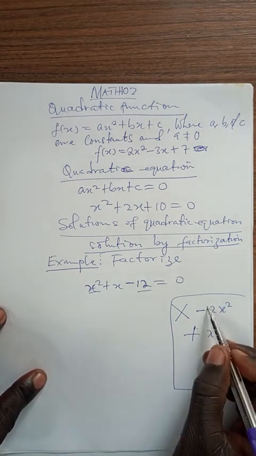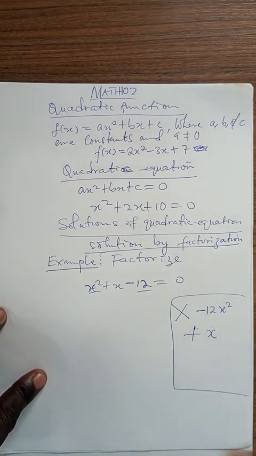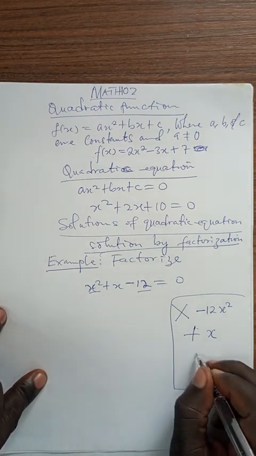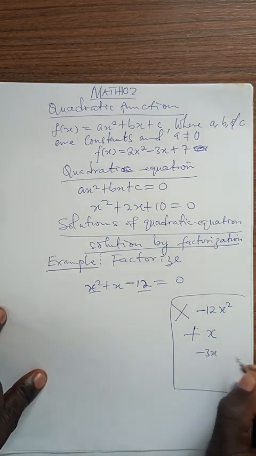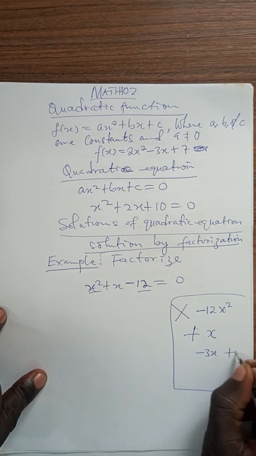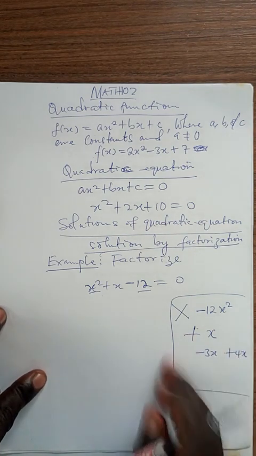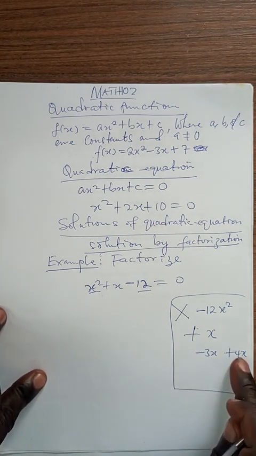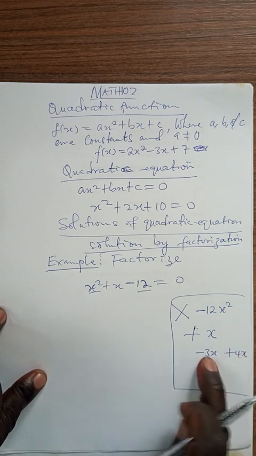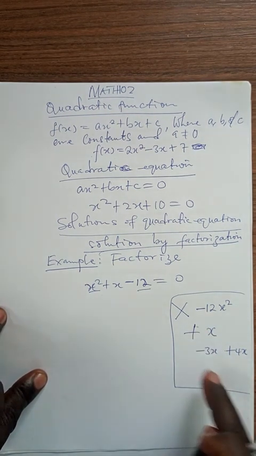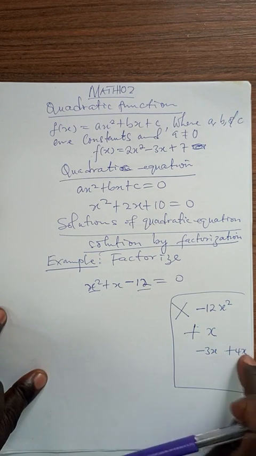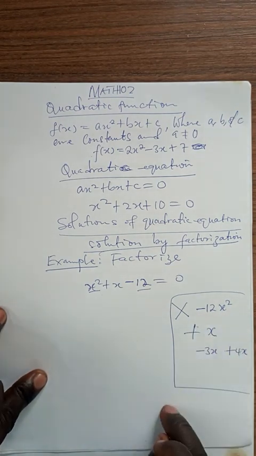So you look at the factors of 12: plus or minus 1, plus or minus 2, plus or minus 3, plus or minus 4, plus or minus 6, and plus or minus 12. Among these factors, minus 3x and plus 4x are the best matching because 4x minus 3x gives just x, and minus 3x times 4x gives minus 12x squared.